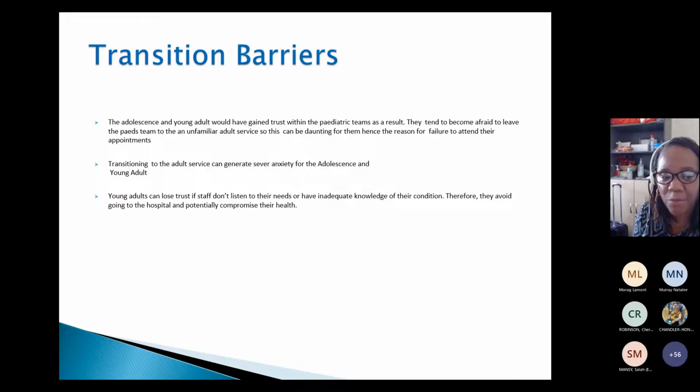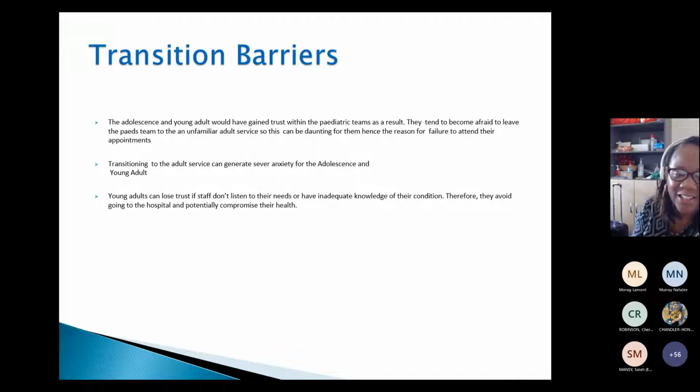Again, young adolescents tend to lose trust with the staff, and that would be because they may feel that the staff, whether it's the nursing staff or the doctors, are not listening to their needs, and may feel that some of the staff may not have accurate knowledge about their condition.